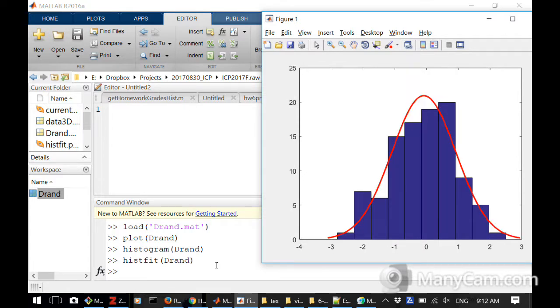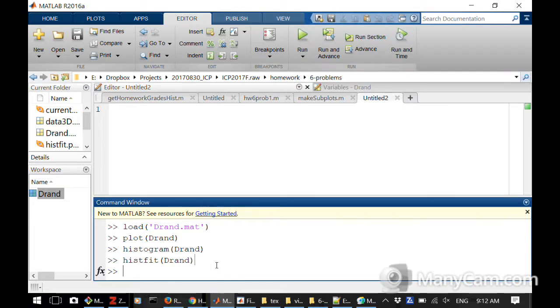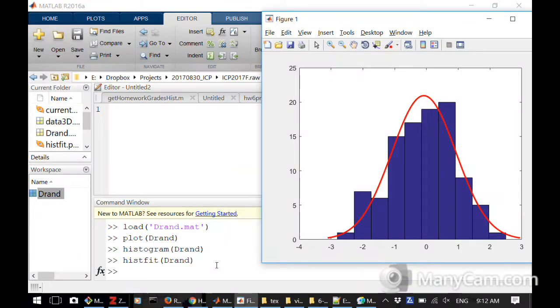And then you get a histogram of data, and on top of it, the Gaussian fit to this data set. Okay. You could try other things. By default, when you don't specify your hypothesis, your distribution, MATLAB assumes it's Gaussian. Okay. But I could say something else.